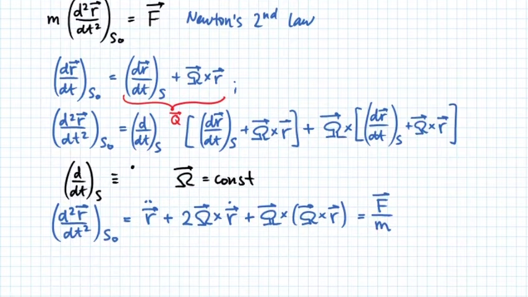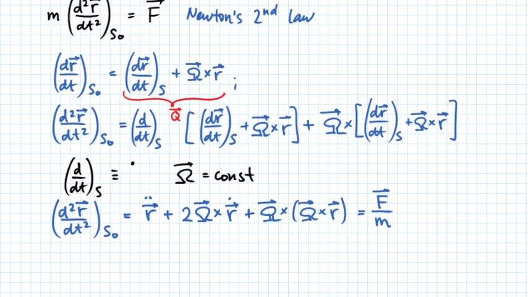So we have found the equation of motion relative to rotating coordinate system: m times acceleration as measured in the rotating coordinate system S is given by the force plus, and here we have two terms.